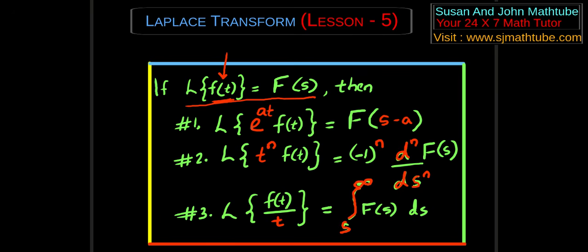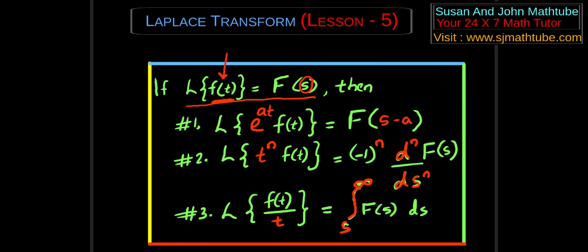Now we are going to extend this with the shifting property. And the job is really easy. So if you want the Laplace of the same function multiplied by e power at, all you have to do is replace this s with s minus a. So graphically there will be a shift in the graph.